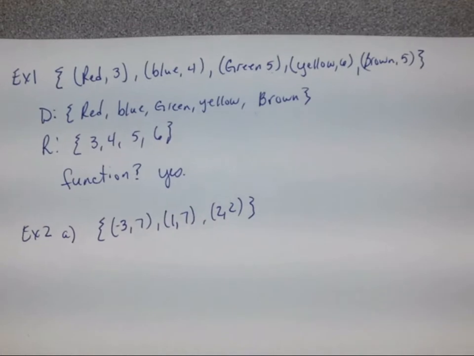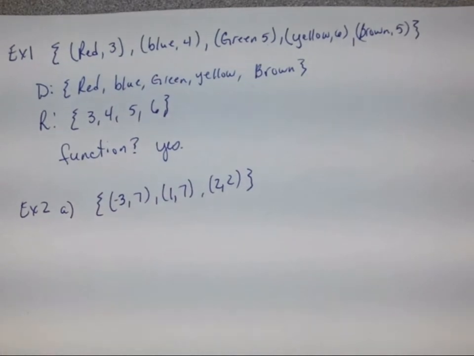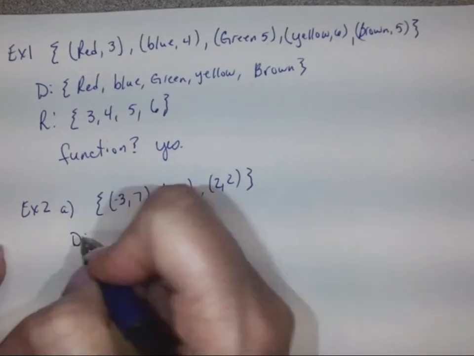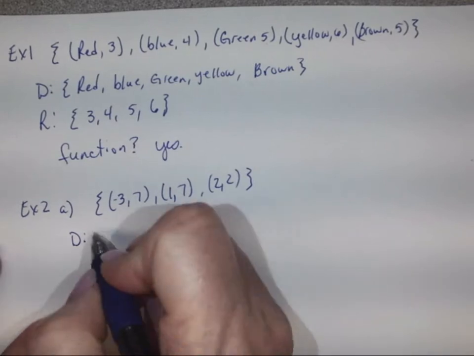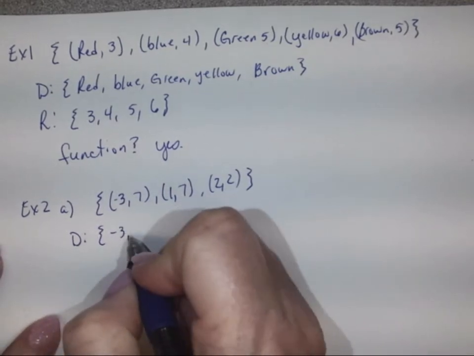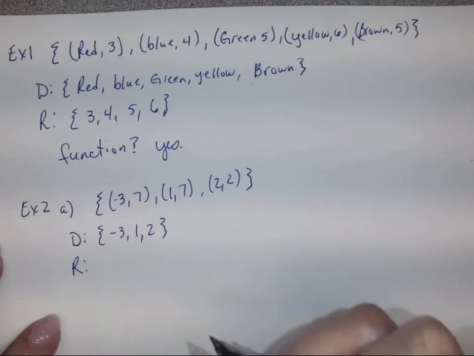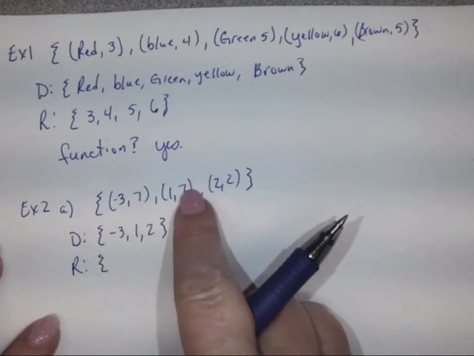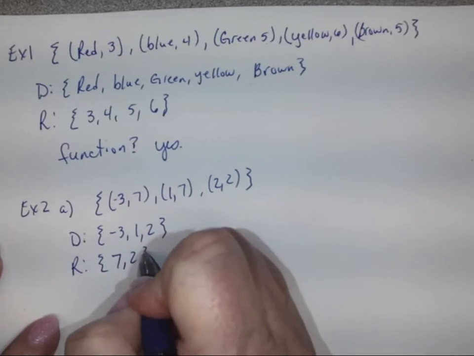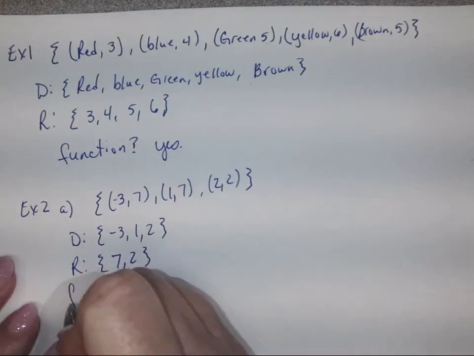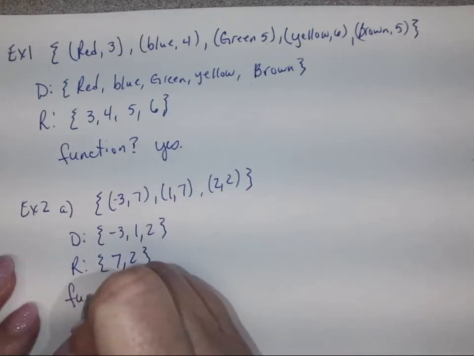That is the set of ordered pairs we've been given. We need to find the domain. The domain again is our x values, so negative 3, 1, and 2. And our range will be 7 and 2. We're not going to rewrite the 7, so it'll just be 7 and 2. You won't write them twice.